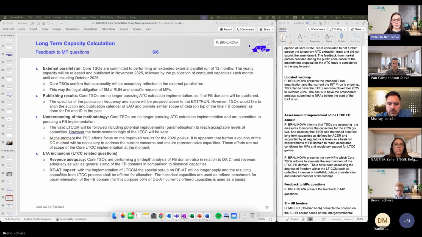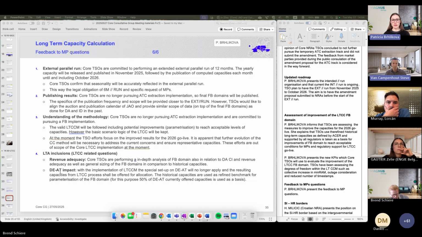For the DAT impact, the question was about whether the current capacities would be kept for the DAT. I think it is visible also from the benchmark discussion that the DAT consideration will be different in the future.